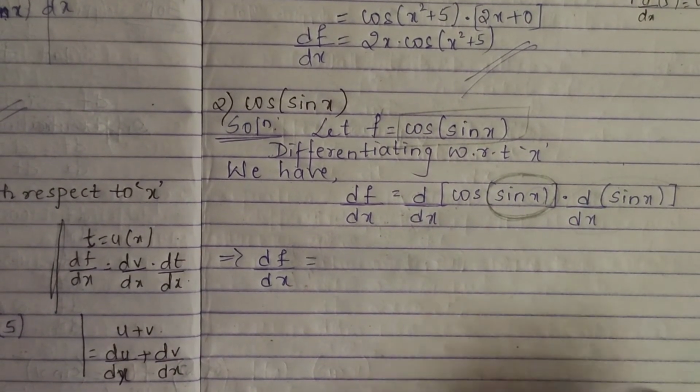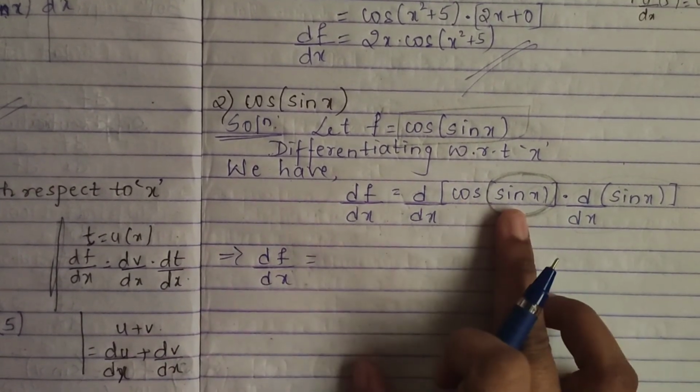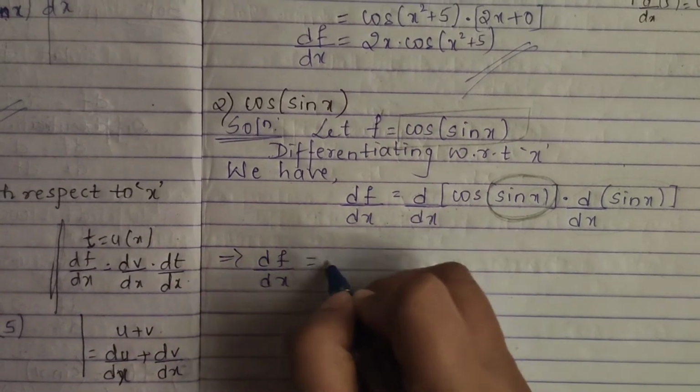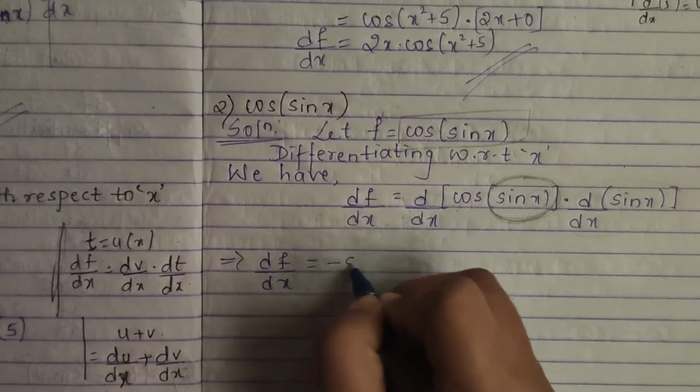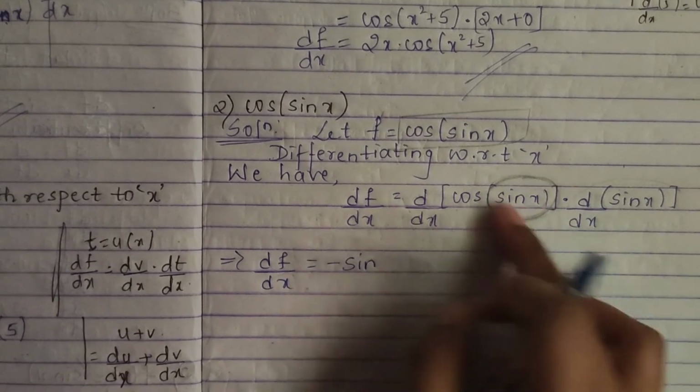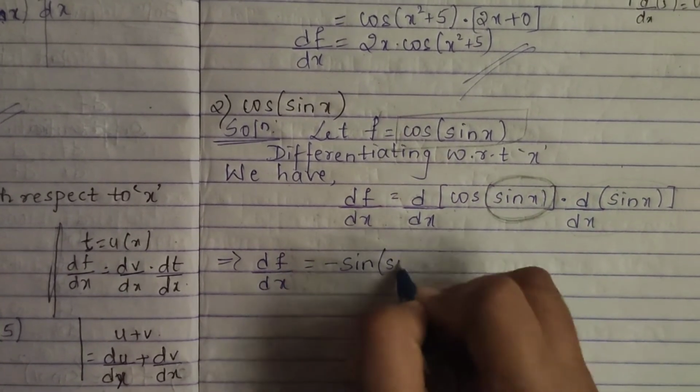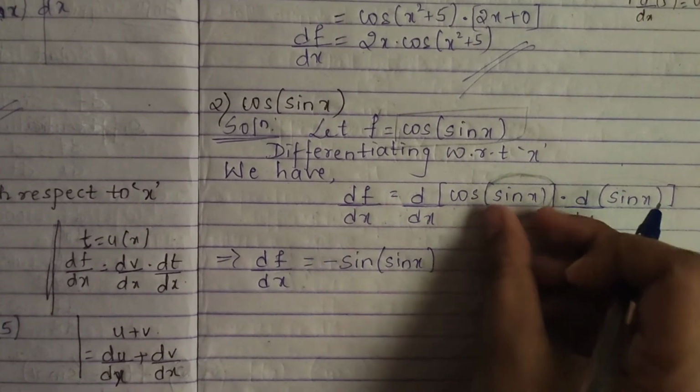So we will do the differentiation. Differentiation of cos of sin x. Differentiation of cos is minus sin, and your x part is sin x, so this whole is the x part.